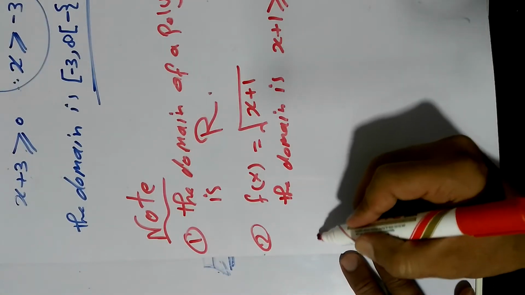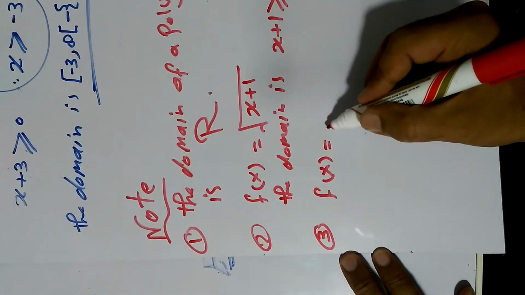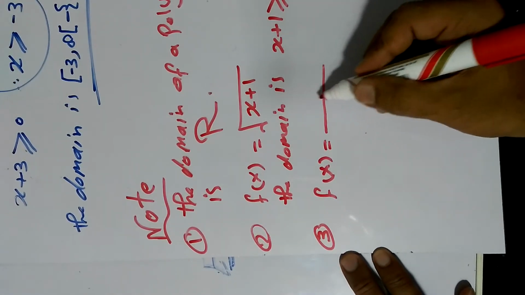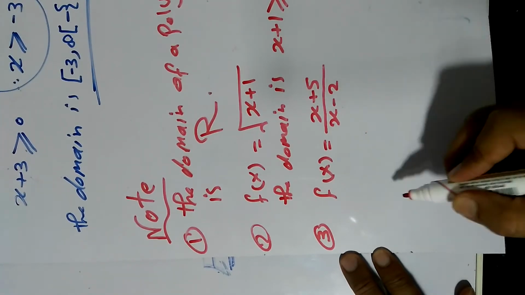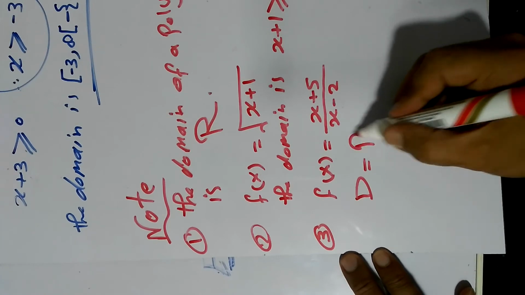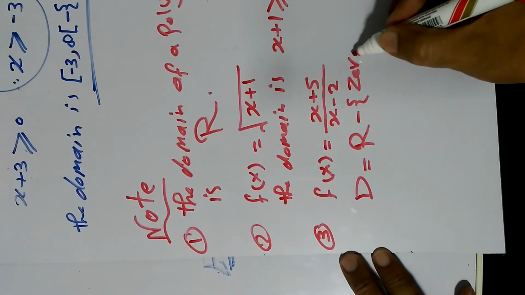Number 3, if the function is a rational function in the form of numerator and denominator, say here x plus 5, here x minus 2, then the domain is R except the zeros of the denominator.